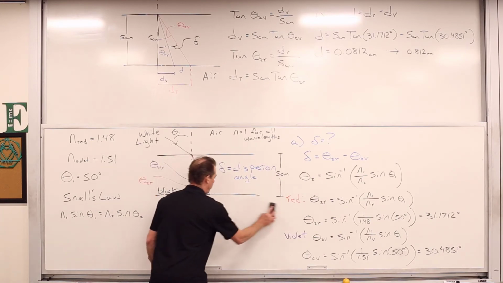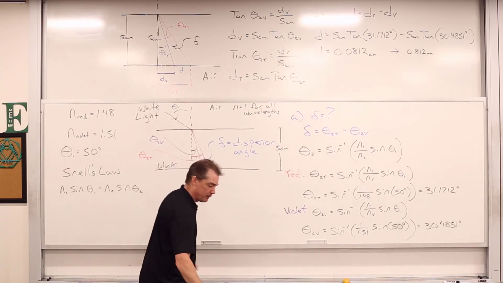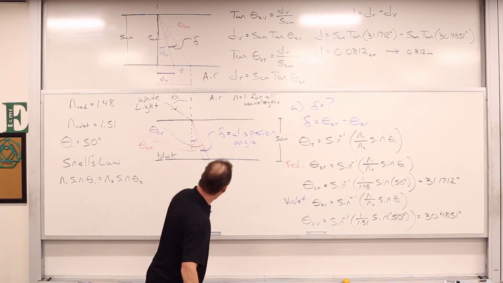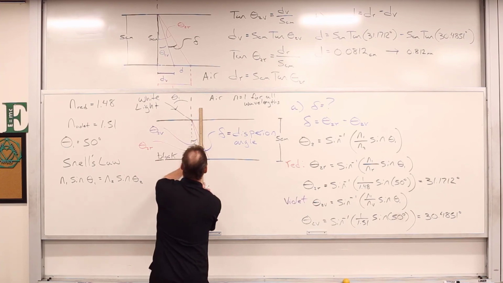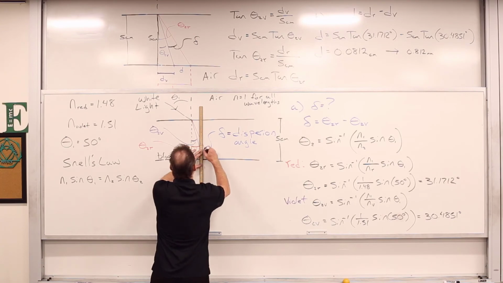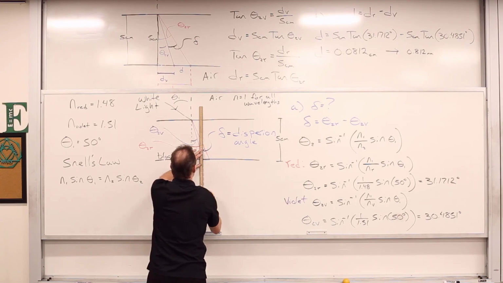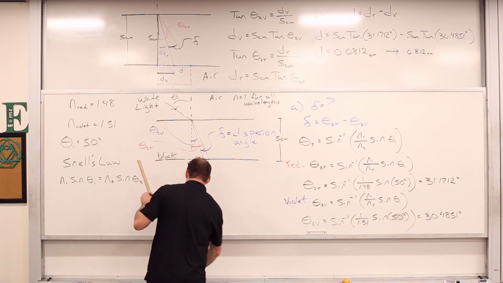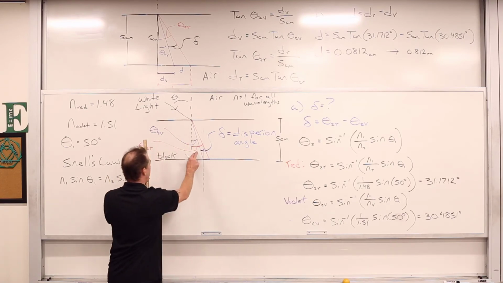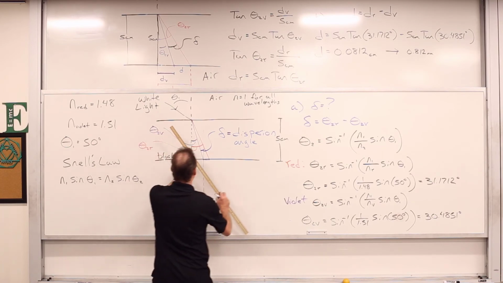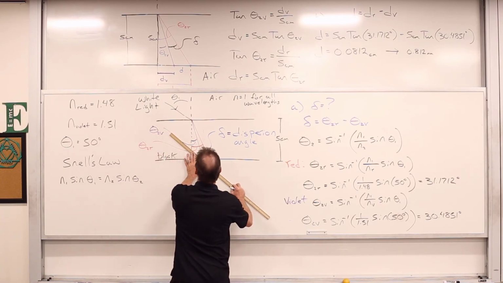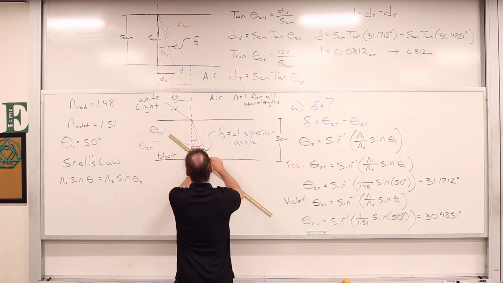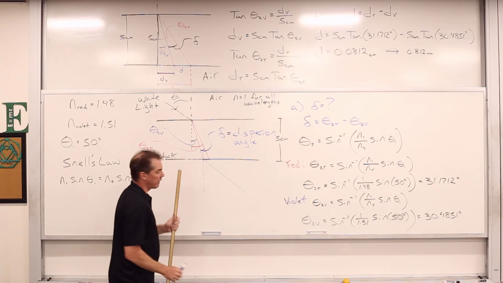So let's erase that really quick. What are we going to have? I'll just draw one of them in. We've got ourselves a normal here. Let's do this one. Put ourselves normal to that interface boundary. And some sort of refraction takes place. Now we're going from a higher index to a lower index, and it comes back out, maybe something like that.